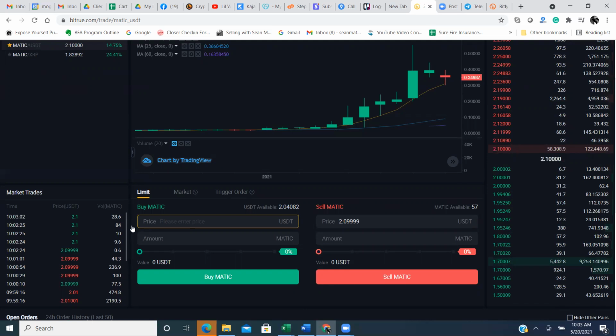Sure, I don't have any coins in here. Let's see if I can. So normally what I'll do to test this to see what's going to happen is I'll put a small buy order and see if the seller gives. If the seller doesn't move, then I'll put a smaller sell order, see if the buyer moves, and that'll tell me which side is going to give. I think on this particular one, I think the buy side will give up over the sell side, which is going to be a good indicator that the price will shoot up.